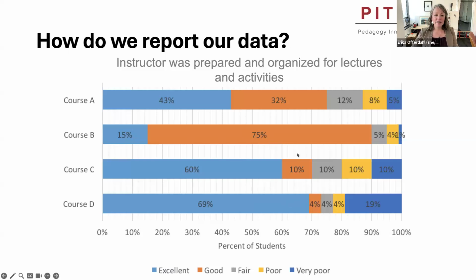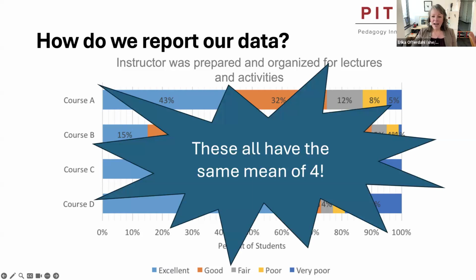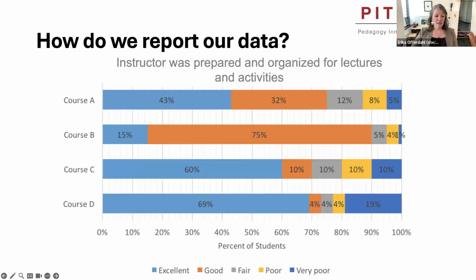Another thing that I would point out here is that if I were to have reported these data just using the mean, the central tendency, they all have the same mean of 4. So this to me is evidence that perhaps I do want to look at the distribution.